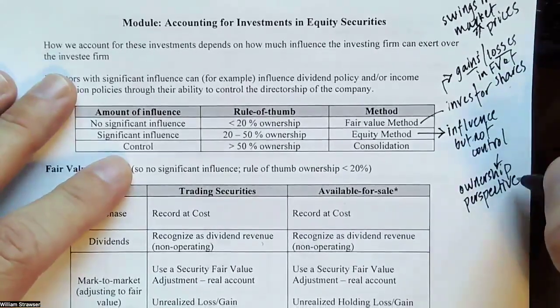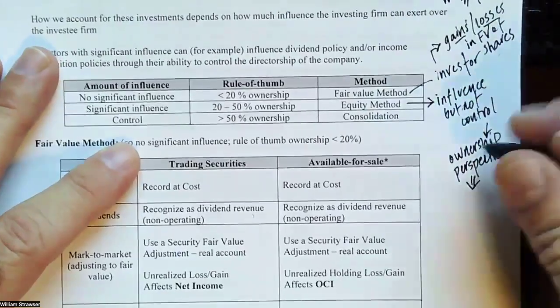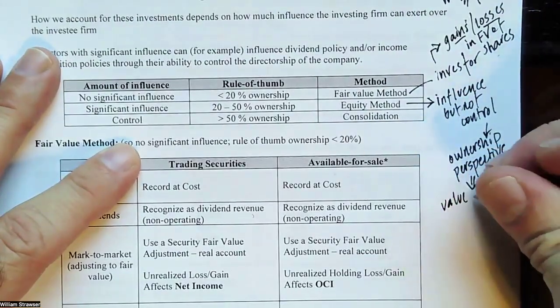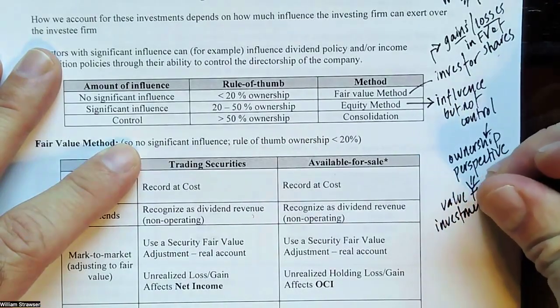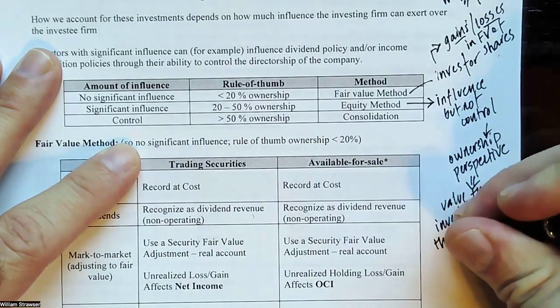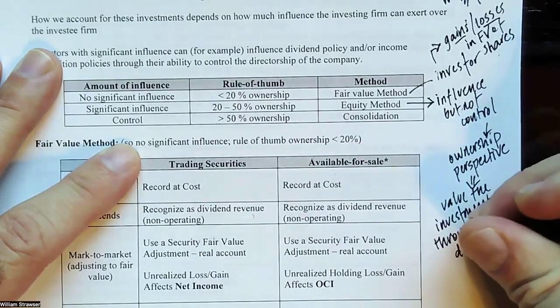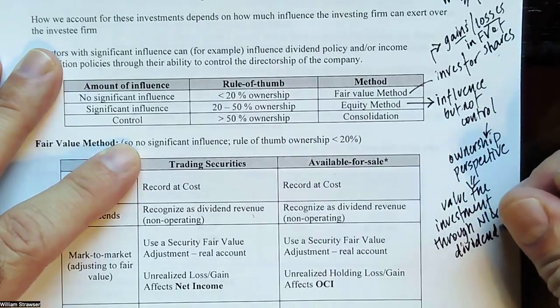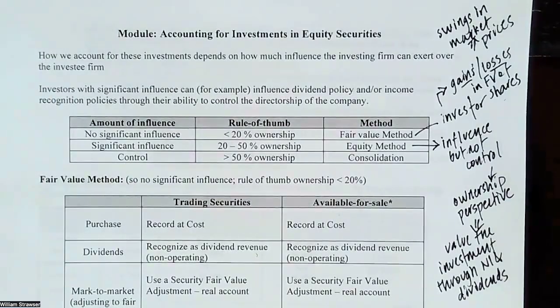Rather, in this case, with the ownership perspective, we value the investment through net income and dividends. So we have so many shares, it's not likely that we're just seeking a $2 appreciation in the price on the stock market per share. Rather, we're in this for the long haul.